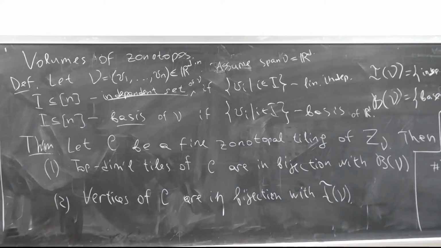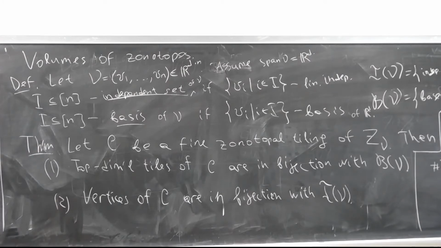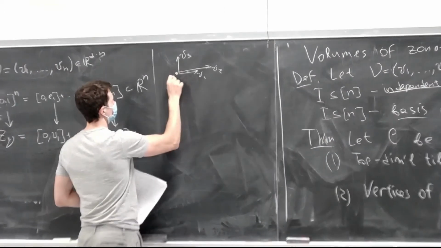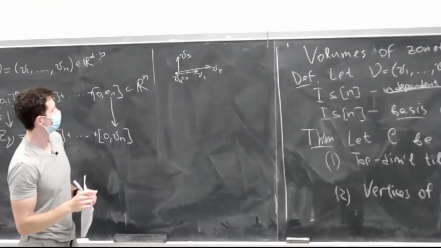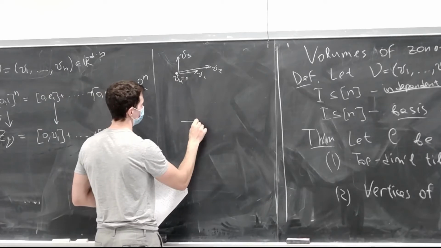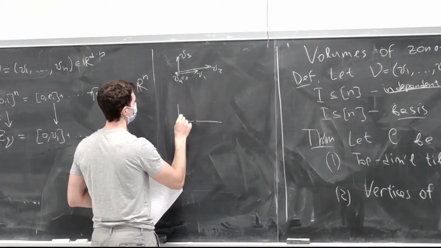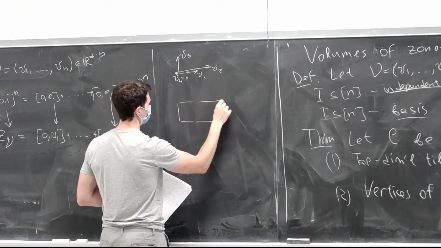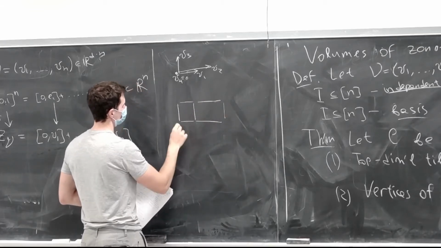I can choose some other collection of vectors: V1, V2, V3, and maybe V4 is just the zero vector. And then my zonotope. I can choose a zonotopal tiling, I guess. This example is sort of easy. Here's an example of a fine zonotopal tiling.